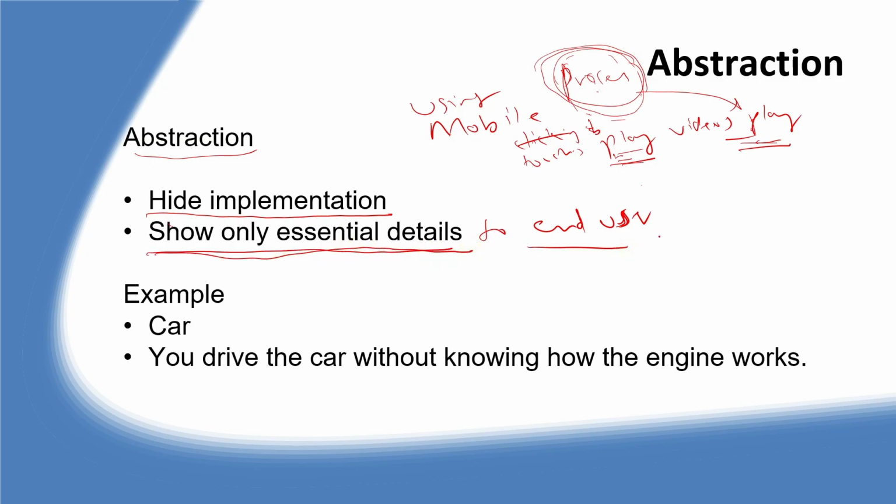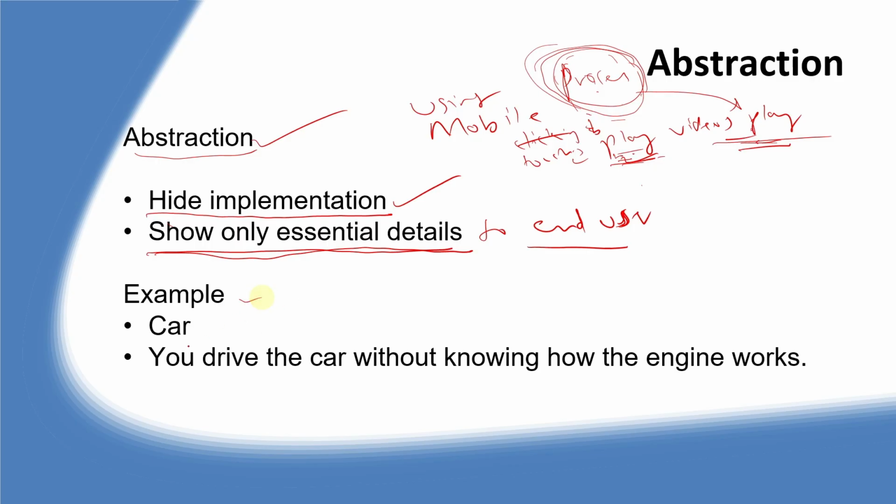You are the end user. It shows only essential details, the play button, subscribe button, like button. You just click on that, and things happen automatically. But the background process is hidden. Implementation is hidden from you. This concept is called abstraction.